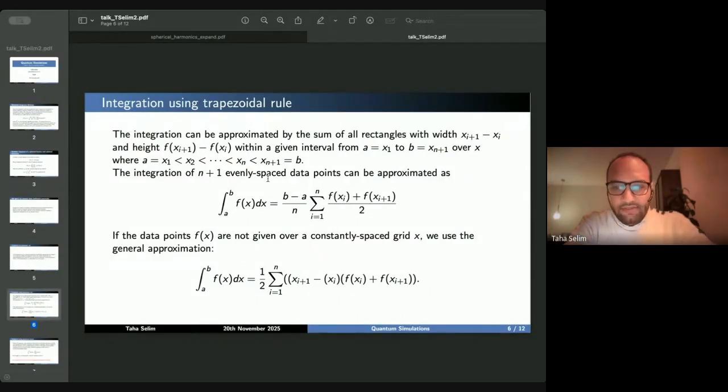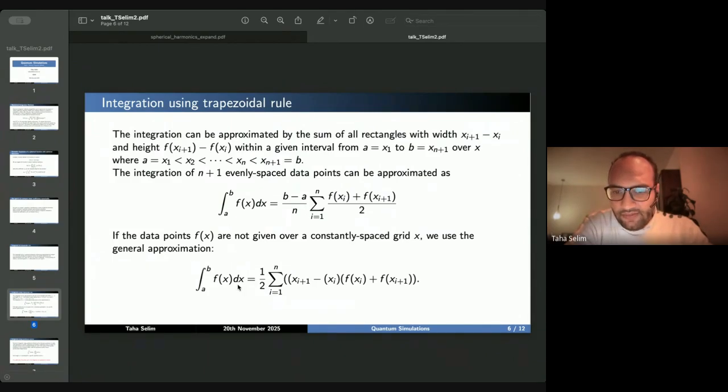So this is the main formula. If you want to integrate a function on the interval from a to b, you subtract b minus a, and then you divide by n, and then you get these pairwise points. From that, you can approximate the integration that you have.